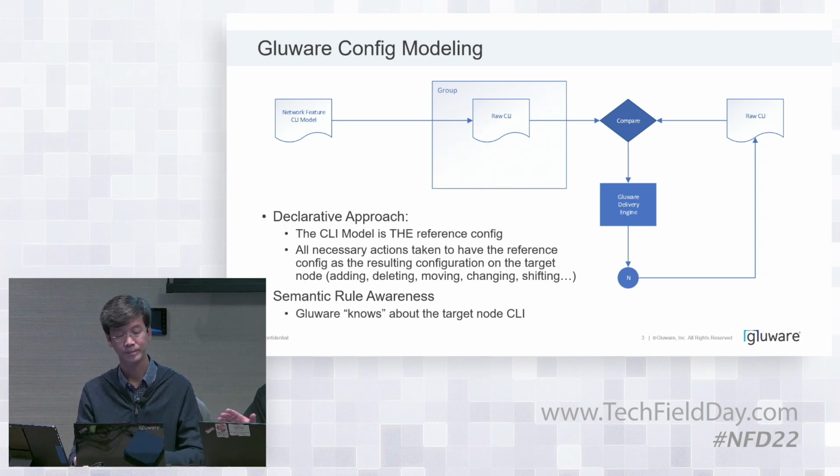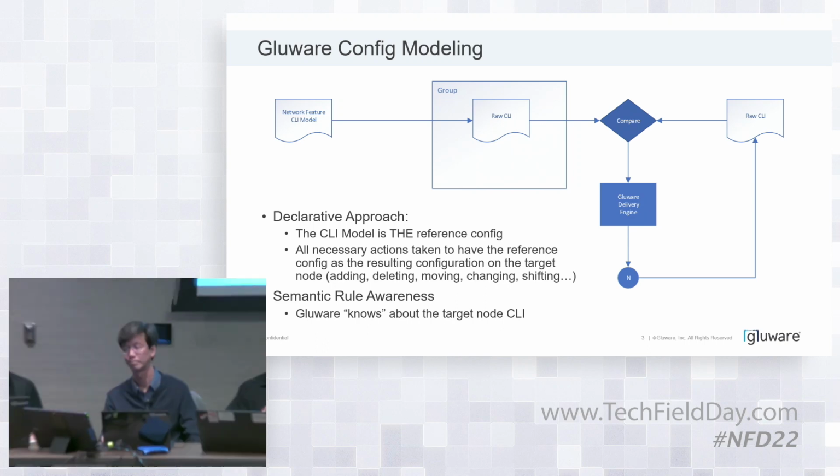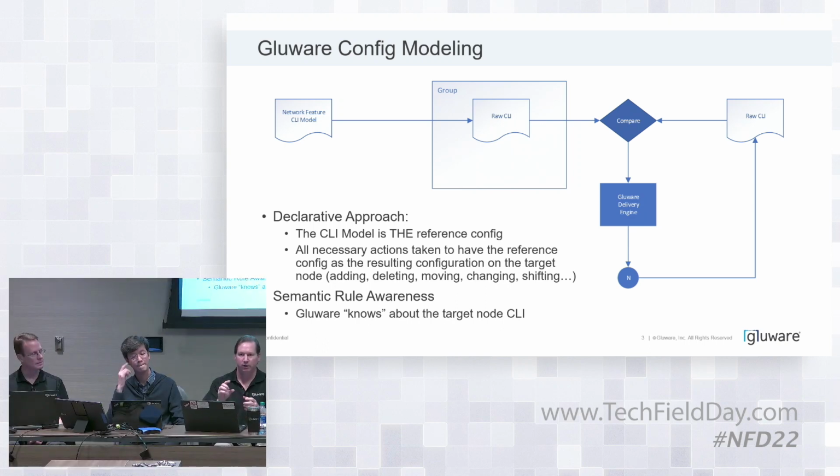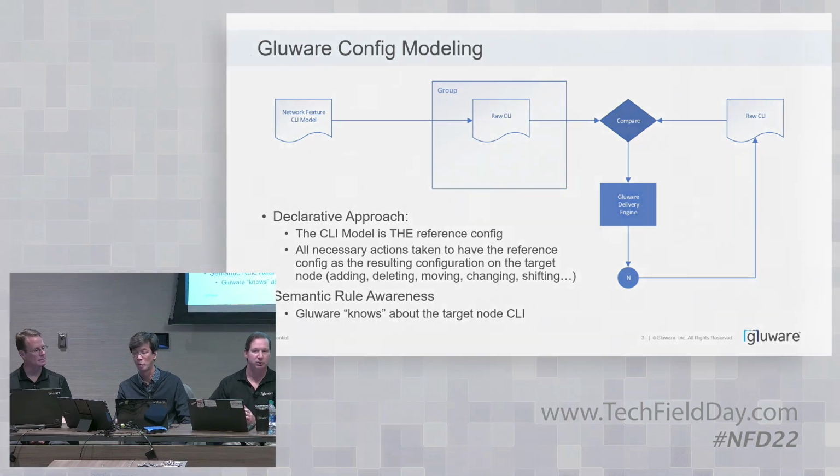The piece I'll add to that is we often get asked, how do you keep up with the vendor and their changes? With our vendor adapter layer, which has that intelligence about the CLI and semantics, we actually issue monthly updates on those packages because we're keeping up. Anything our customer highlights to us that they've discovered, or we've discovered, gets updated in the engine. Gluware has extensive logs of all that CLI interaction.